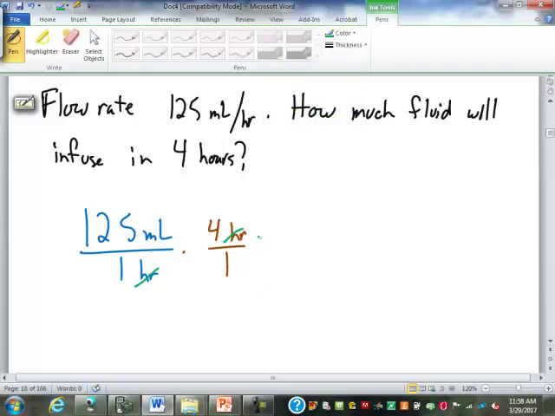The hours cancel out. I just have 125 times 4, which is 500 milliliters. 1 times 1 is 1. So 500 milliliters over 1 is just 500 milliliters. So in that example, over 4 hours at 125 milliliters per hour, we're just going to be infusing 500 milliliters.